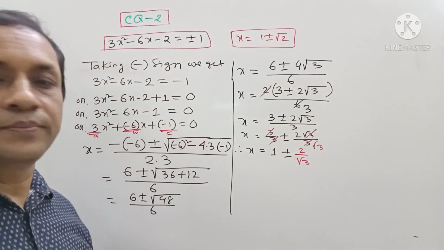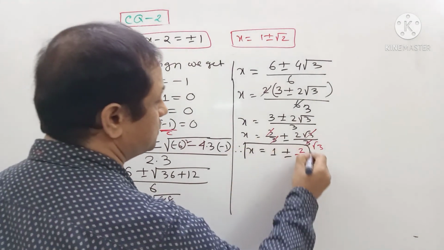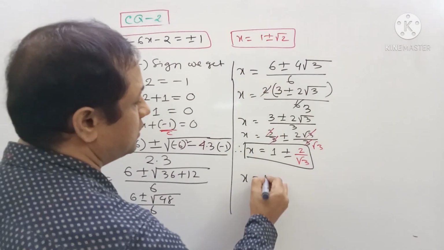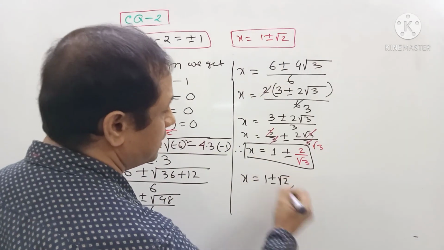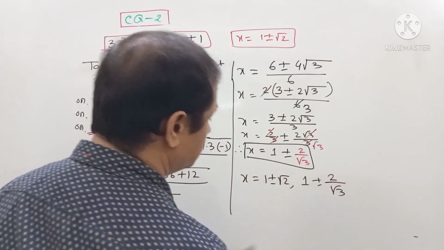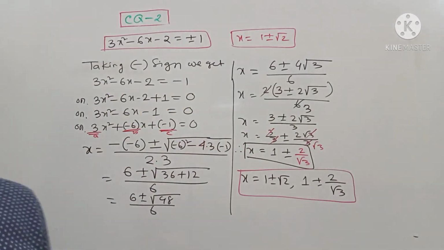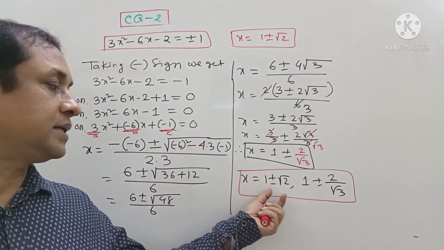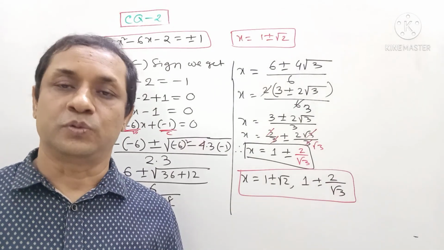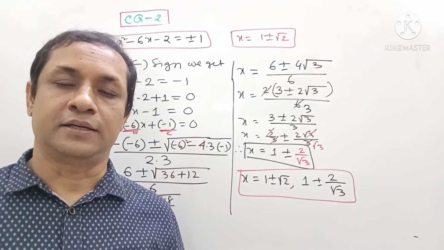So student, the required result is x equals 1 plus minus root 2 and 1 plus minus 2 by root 3. This is the required abscissa. I hope that student you are clear.